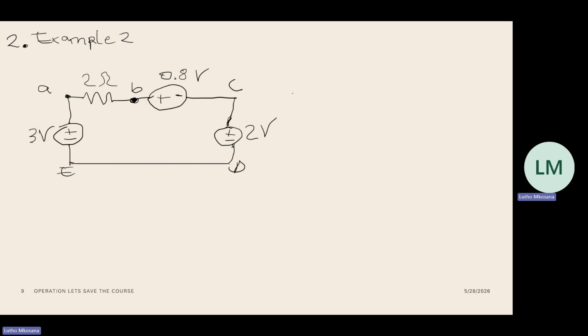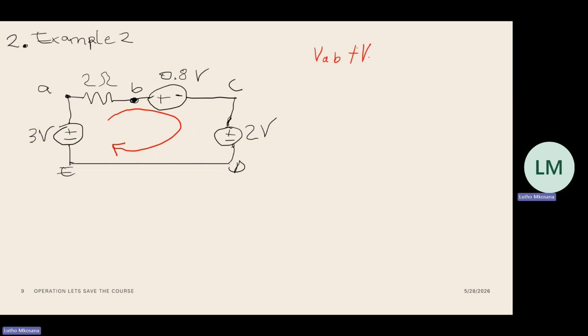Okay, let me write on the side. We have VAB, if we choose a loop. We have VAB plus VBC, which is given by 0.8.